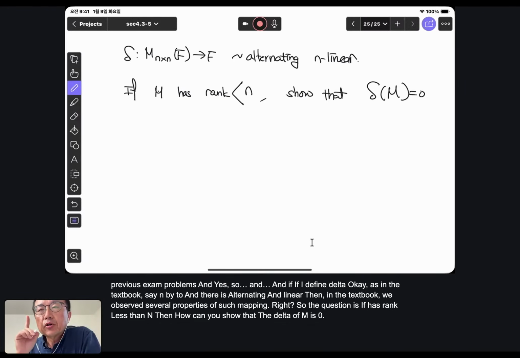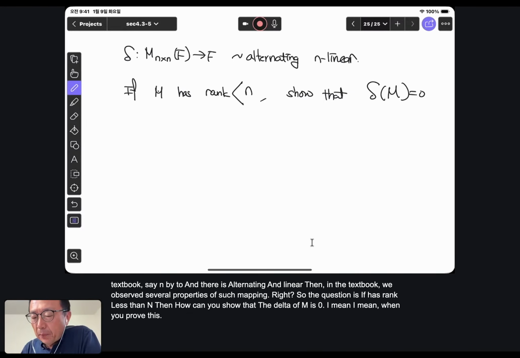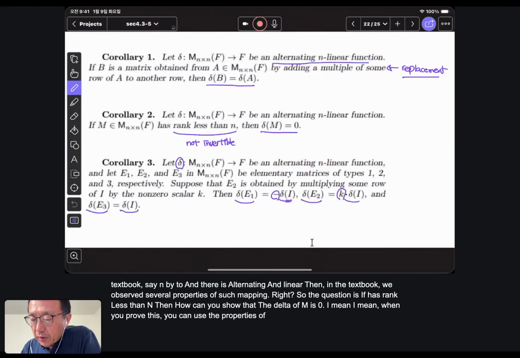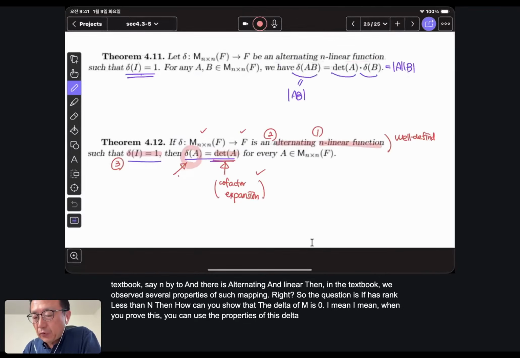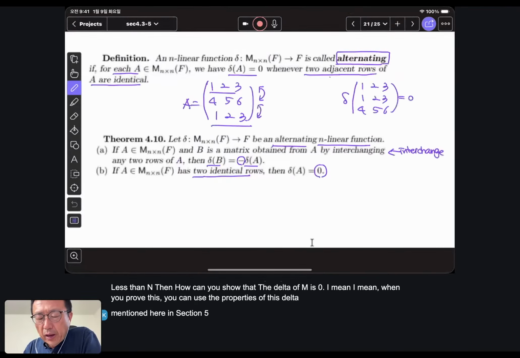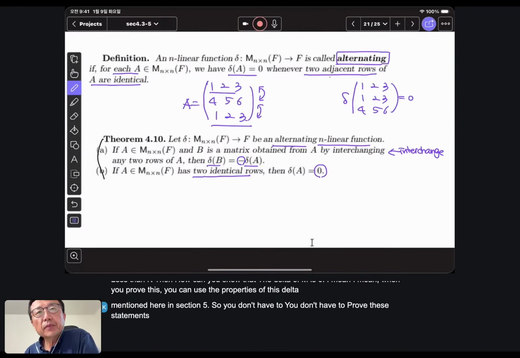When you prove this, you can use the properties of this delta mentioned here in section 5. So you don't have to prove these statements, but I will assume that you are familiar with these theorems.